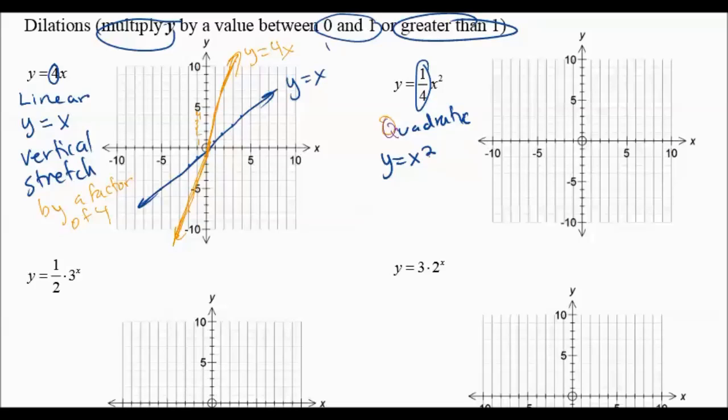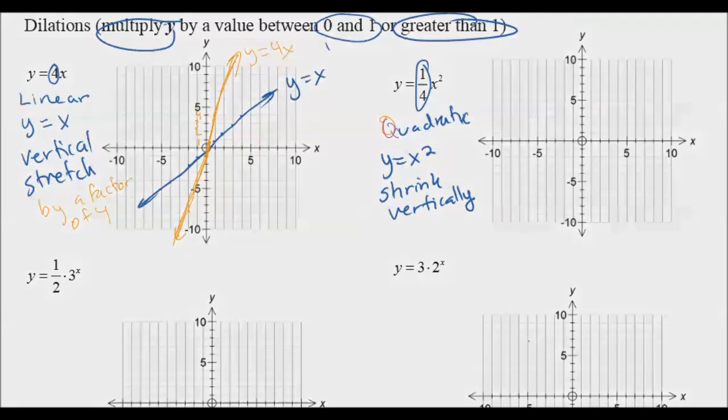That 1/4 is going to do something to our function. When something is directly applied to y, it's going to do exactly what it says. If we divide something by 4, it's going to shrink vertically. It's not like x where you do the opposite. For y, you do exactly what it says. So it's going to shrink vertically by a factor of 1/4.